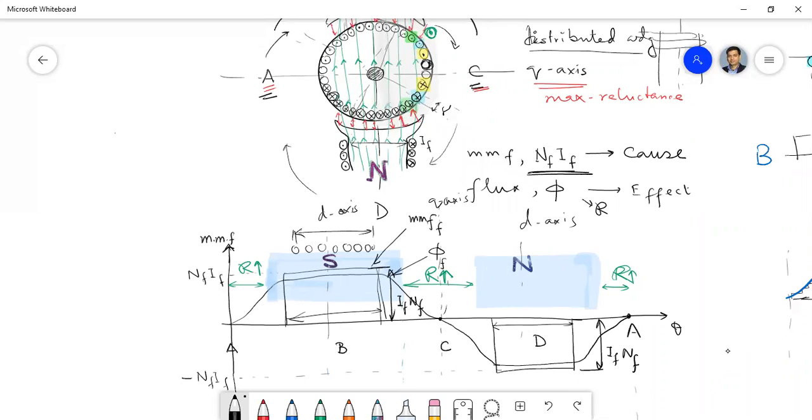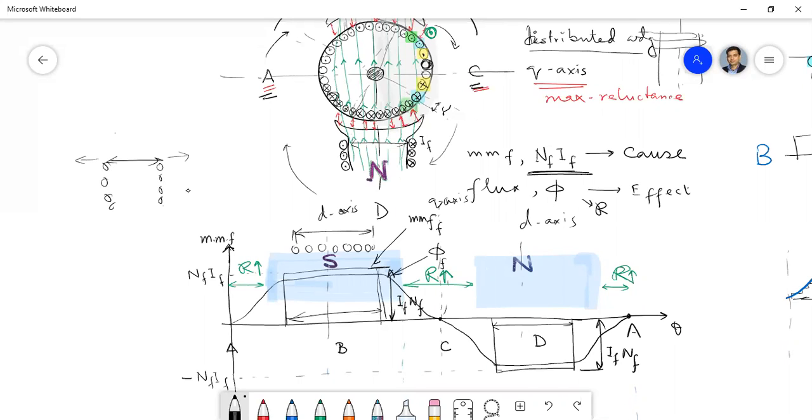So you will get the MMF only inside this. Suppose you have a coil like this. You will get the MMF only inside this, not outside this. That we can say from Ampere's circuital law. Anything more?